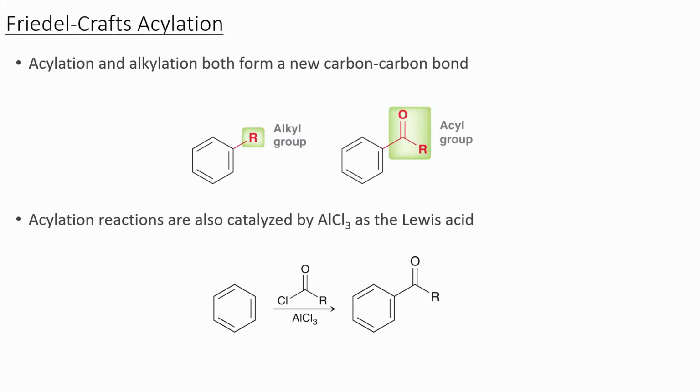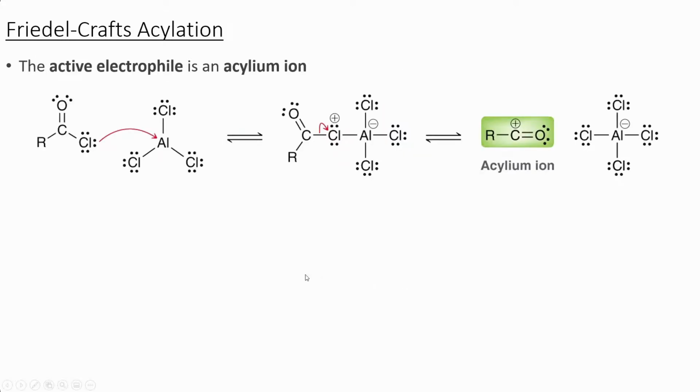In the Friedel-Crafts acylation, we will be forming a new carbon-carbon bond, but in this case with the carbonyl group. This reaction is also going to be catalyzed by aluminum trichloride. So we take an acyl chloride and react it with aluminum trichloride, and we can look at the mechanism of that.